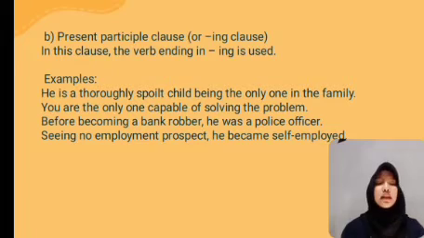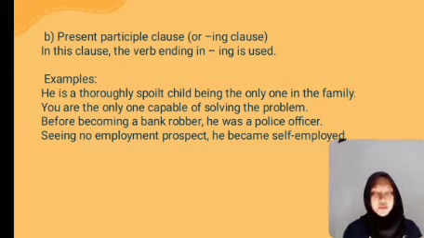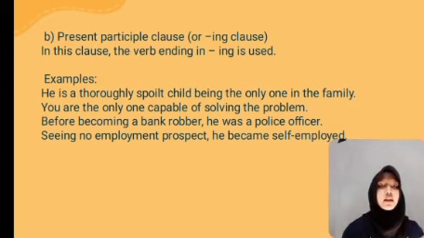And next, it is about non-finite point B, present participle clause, or -ing clause. In this clause, the verb ending in -ing is used. So a present participle clause contains an -ing verb.